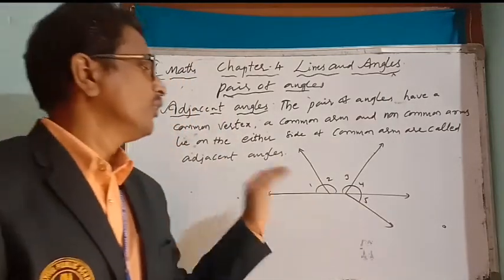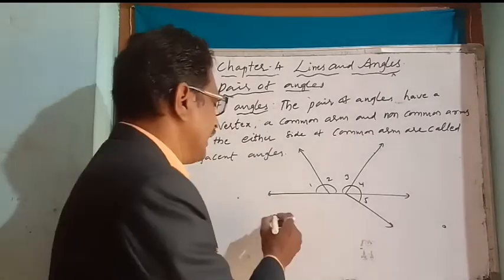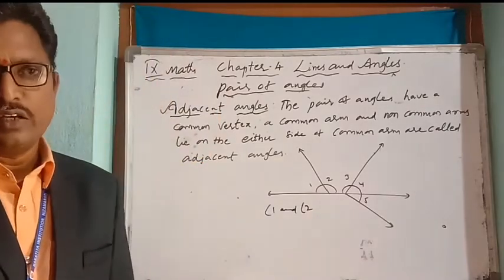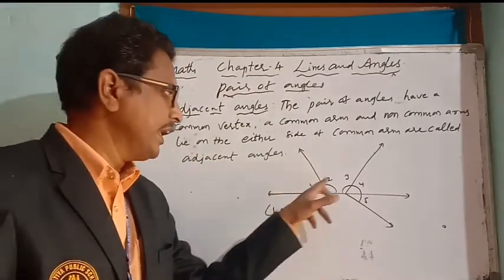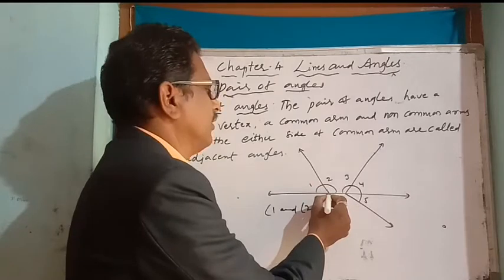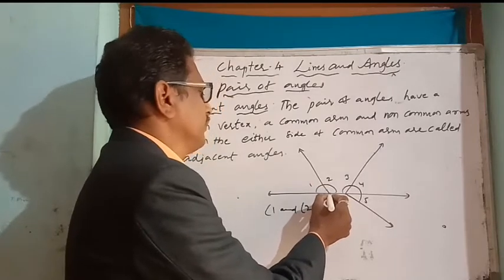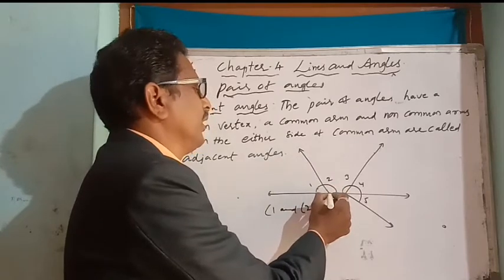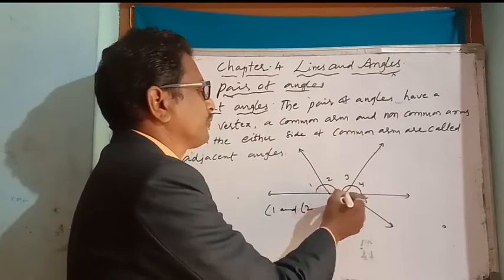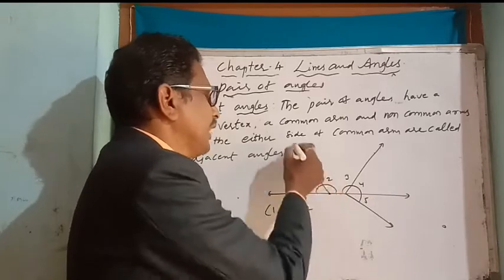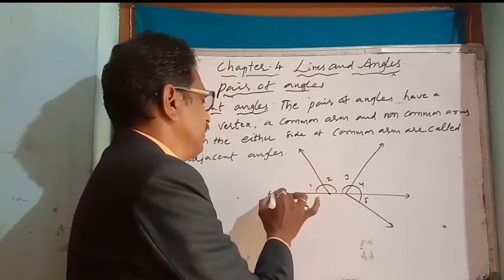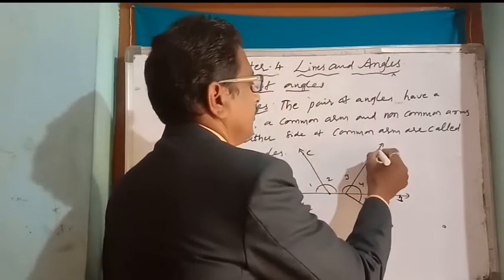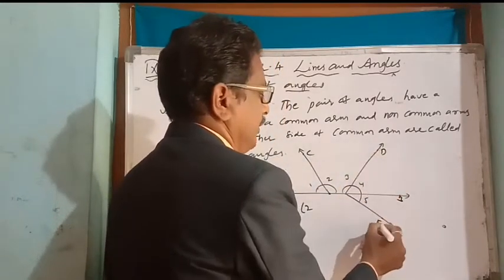See in this figure, which are the adjacent angles? Angle 1 and angle 2 are adjacent angles. Why? This is the common vertex for angle 1 and angle 2. Suppose the points are A, B, C, D, E, like this.